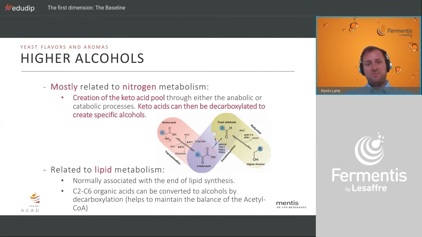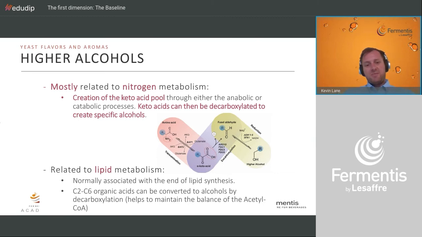Moving to higher alcohols, mostly nitrogen-related metabolism, the creation of a keto acid pool through either the anabolic or catabolic processes. Here you can see the amino acid to keto acid, then decarboxylated to phenylaldehyde, and then converted to higher alcohol. So that's the process that the yeast is undergoing, producing the higher alcohols.